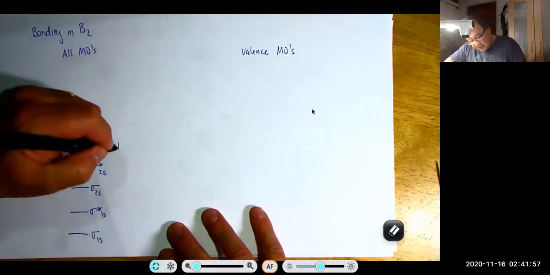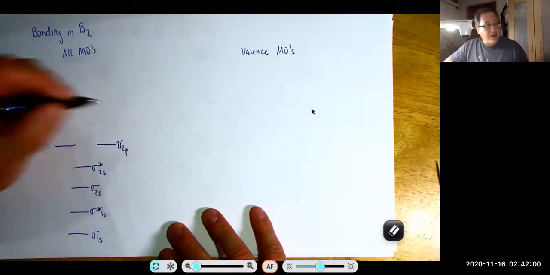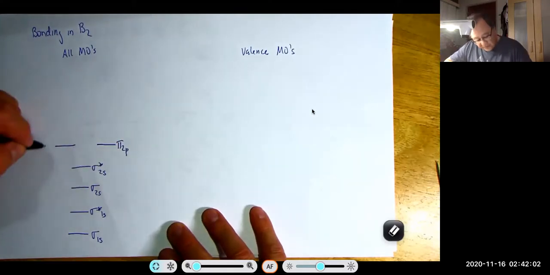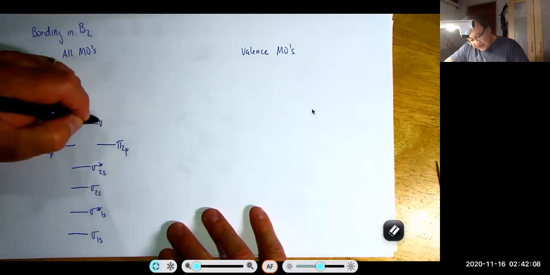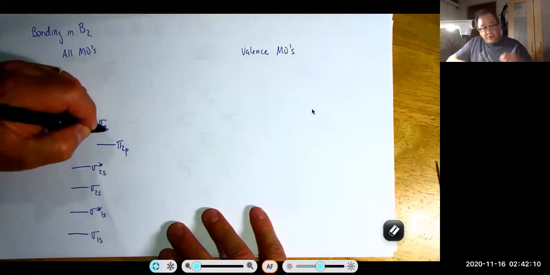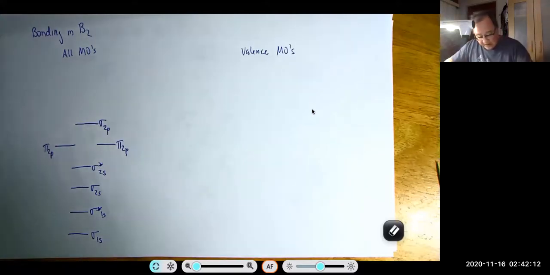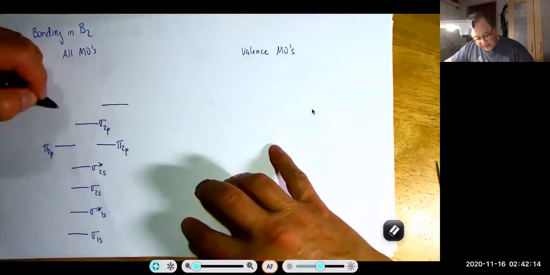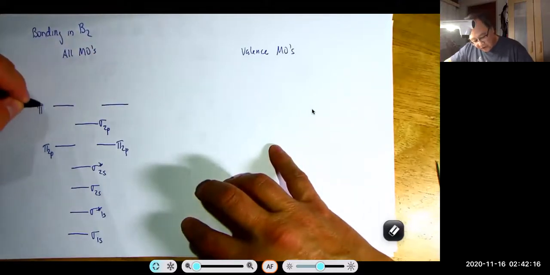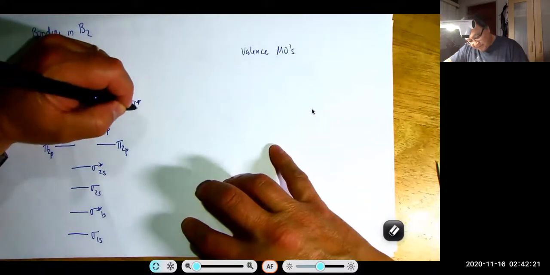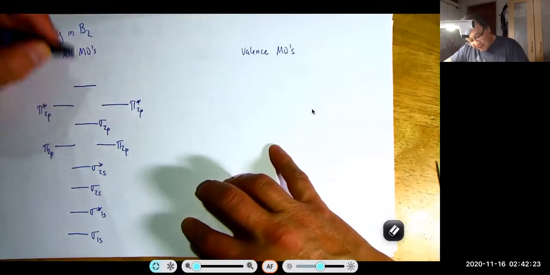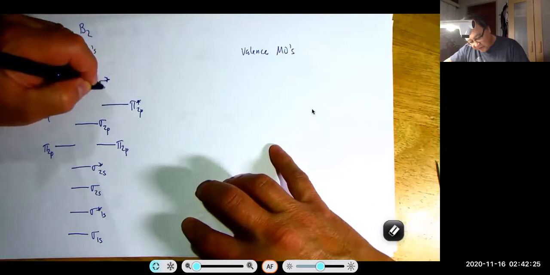This is going to be the pi 2py, and this would be the pi 2pz, if you will. And then you're going to get a sigma 2p. These are the two x's that do a head-to-head overlap. And then you're going to get a pi star 2p and a pi star 2p.